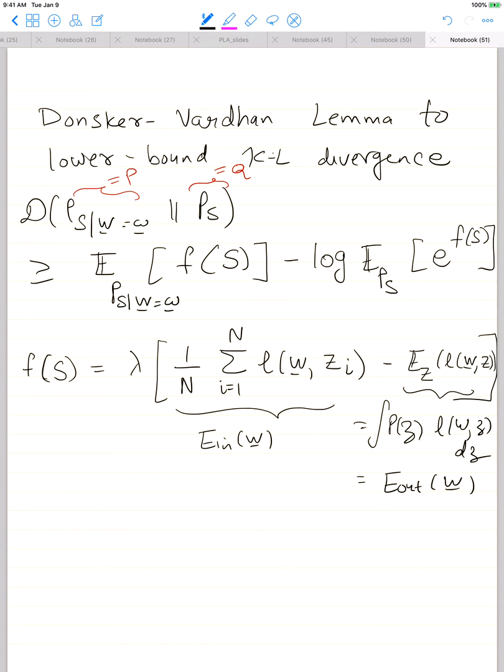And lambda is some quantity we can tune. So lambda is just a constant.